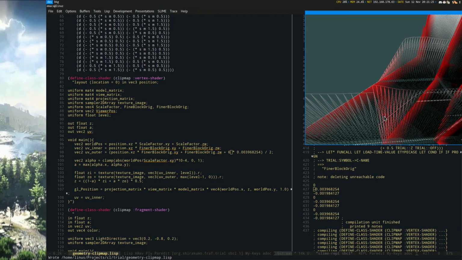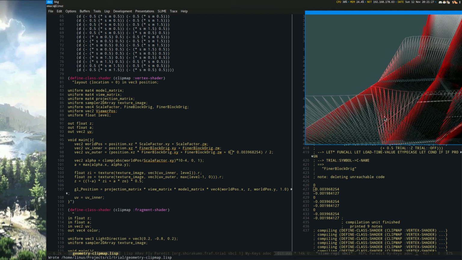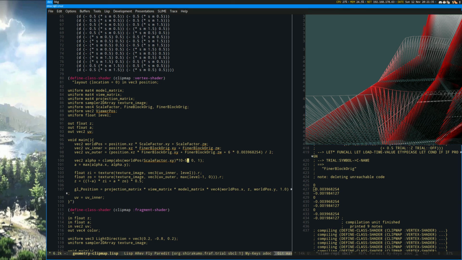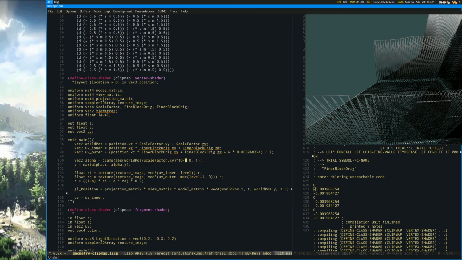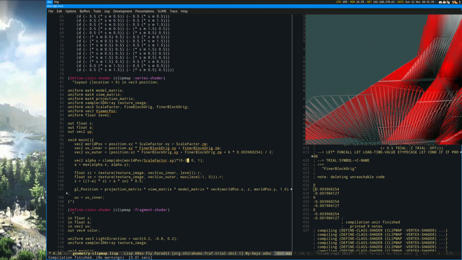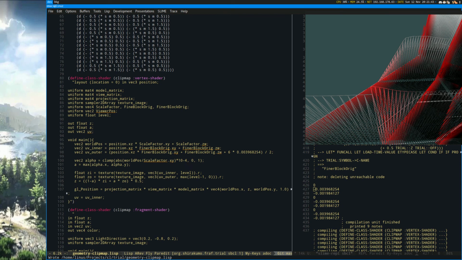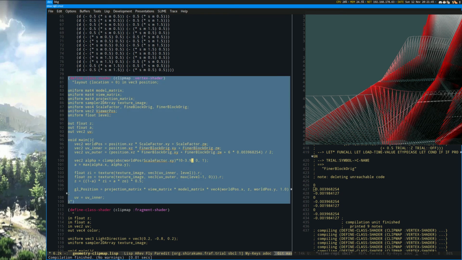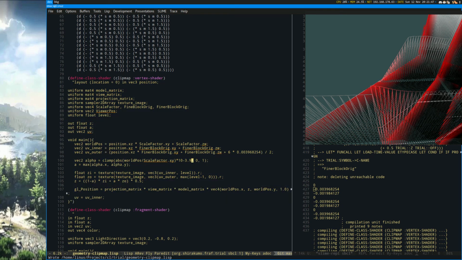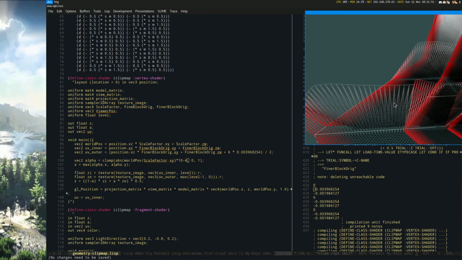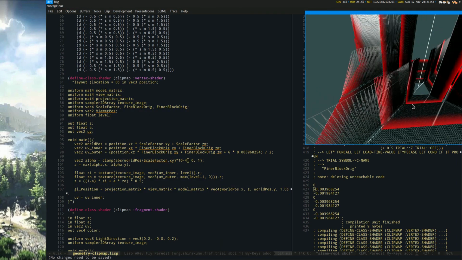Is it like... That's weird. Why is it taller on the other level?